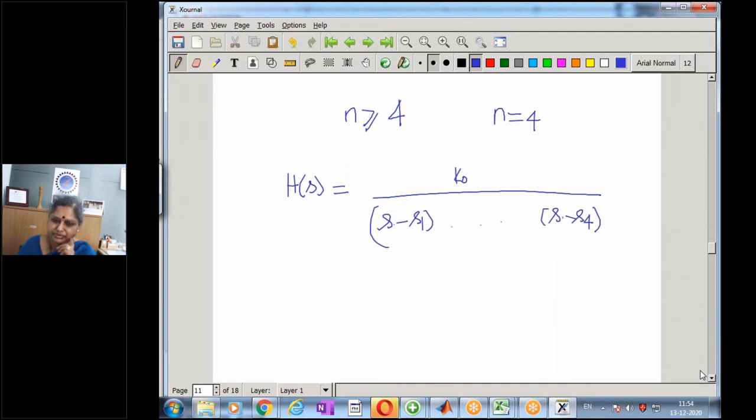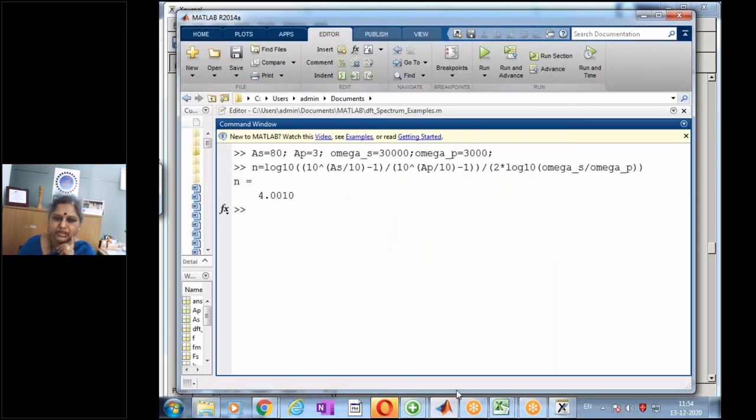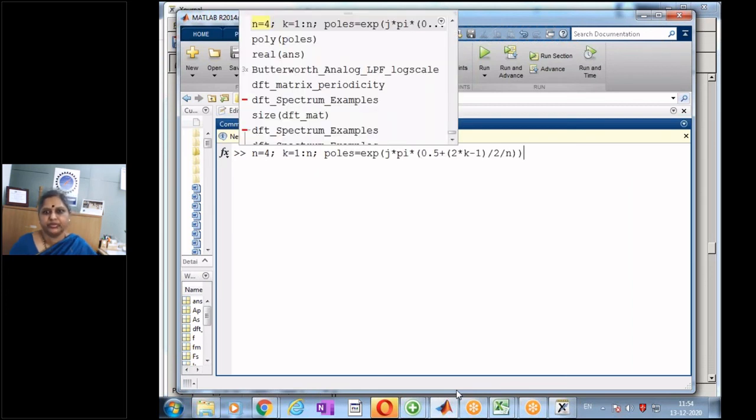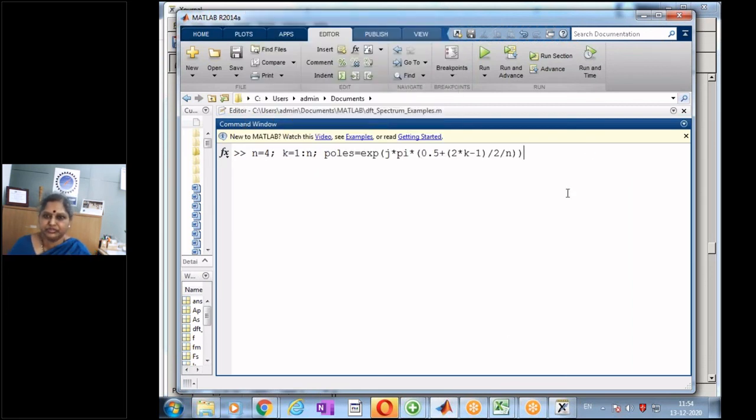And the expression we have been using often, this is my expression for the fourth order filter, n equal to 4, k going from 1 to 4, and my poles are given by this.